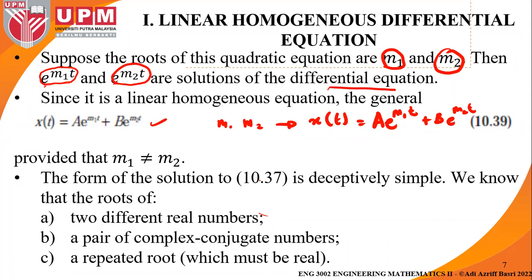The form of the solution of 10.73 just now is deceptively simple. We know that the roots can be two different real numbers, that's one; a pair of complex conjugate numbers; or a repeated root which must be real. This is the requirement.